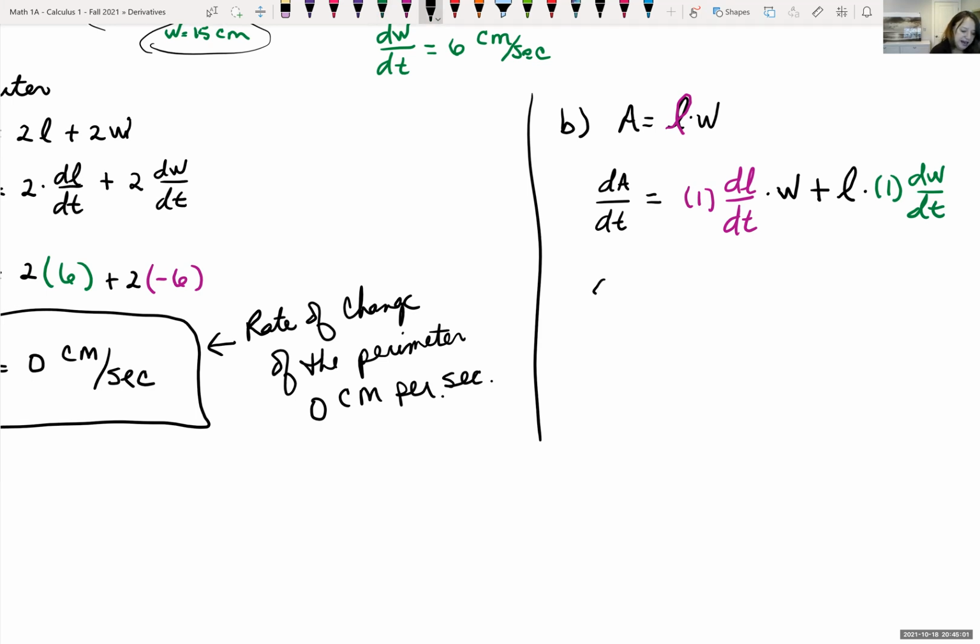So the rate of change of the area at time t is 1 all times dL/dt.